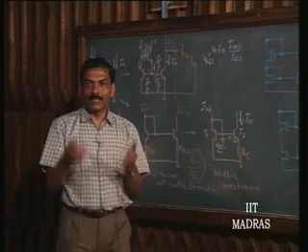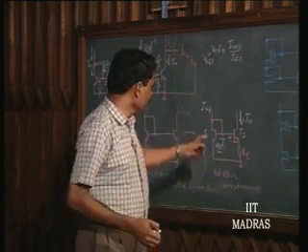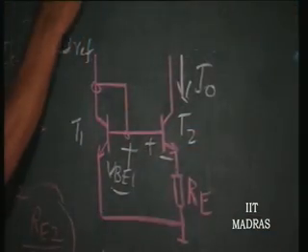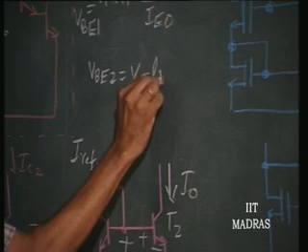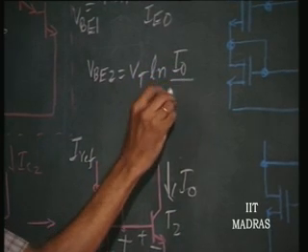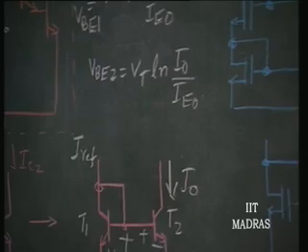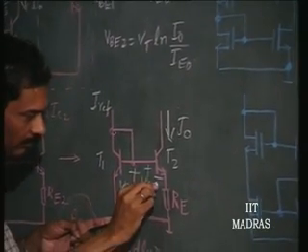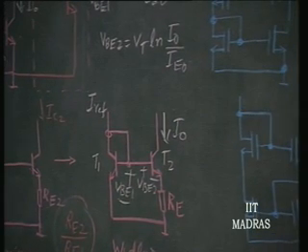VBE2 similarly is equal to, please tell me what is VBE2 in terms of I naught? VBE2 is Vt log I naught by IE naught. So, what is VBE1 minus VBE2? That is the voltage across the resistance Re.